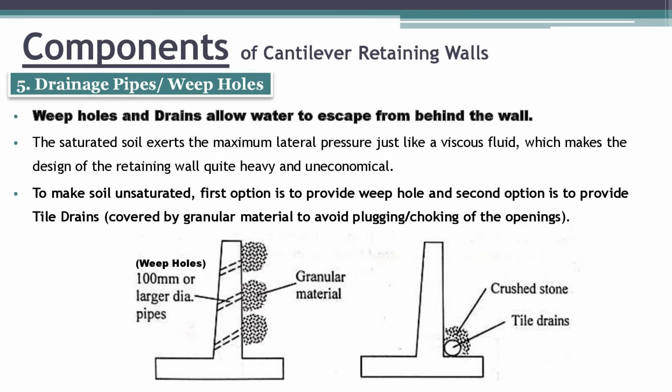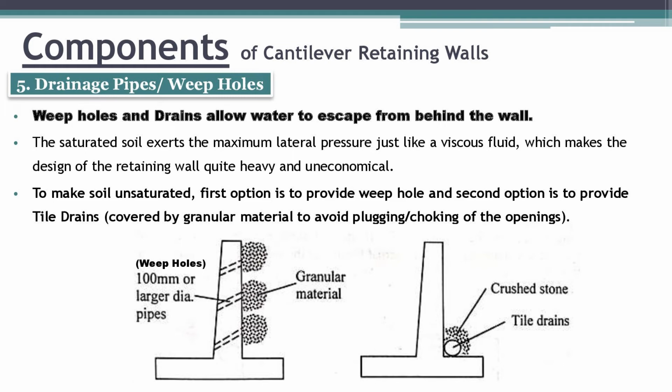Next we have drainage pipes and weep holes. Whenever we face wet situations around the retaining wall, we provide drainage pipes. These drainage pipes and weep holes allow water to escape from behind the wall.